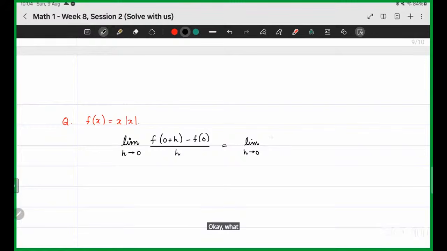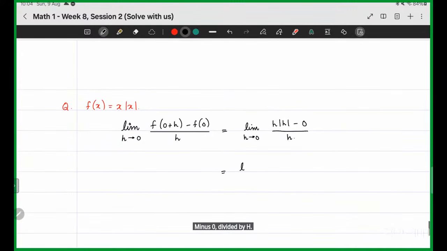What is f of h? It is h mod h minus 0 divided by h. So all you need to know is whether this limit exists.